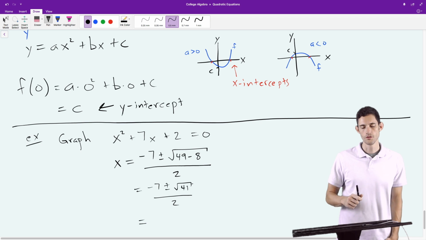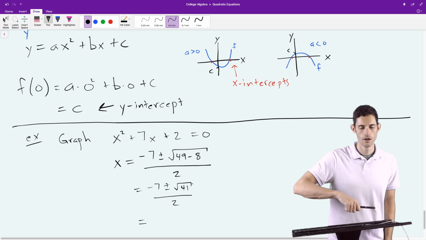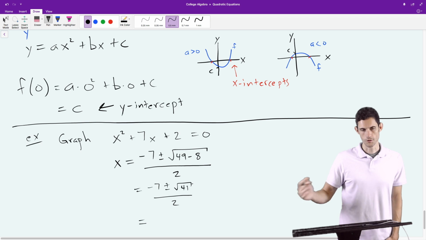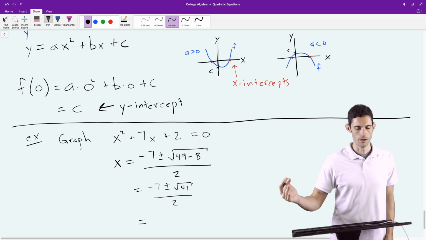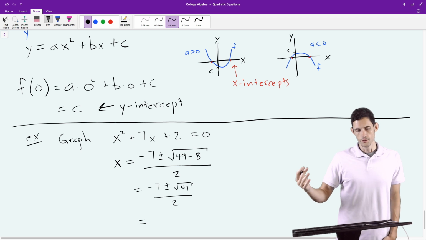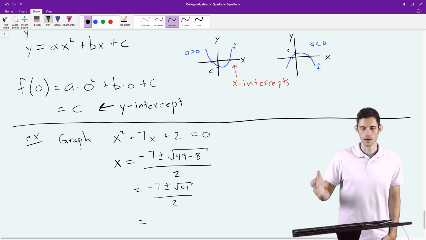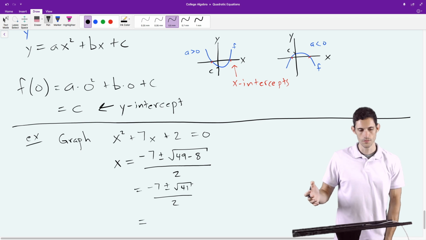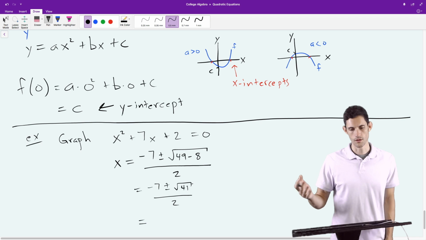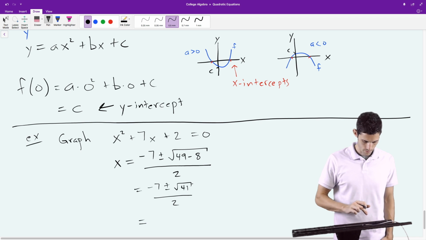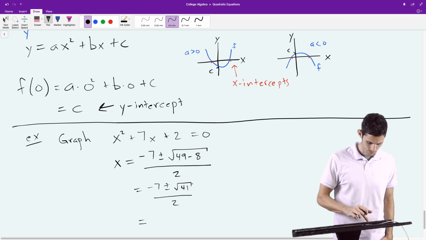If you use your calculator to calculate the square root of 41, there's going to be a decimal, unless it's a perfect square like 49 or 64. Or 36, it's going to be a decimal, and you're going to have to cut it off at some point, and it's going to end up being an estimate. Estimates are great, but I would rather have the exact number.